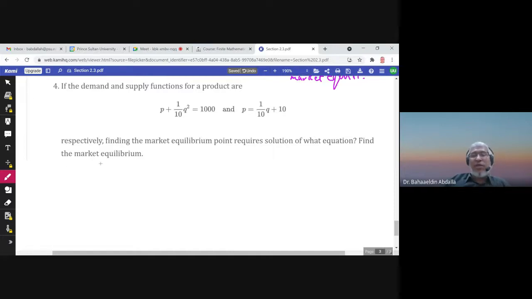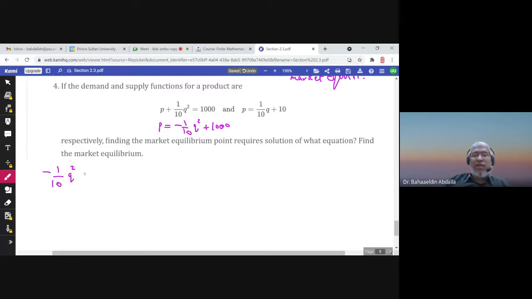Find the market equilibrium. Well, I can solve the first equation for P by taking 1 over 10 q squared to the other side. And then I have P here and P here. So I need to solve the two equations together.